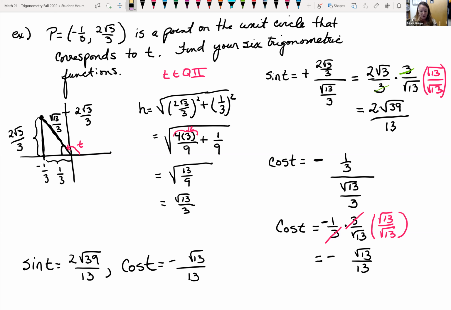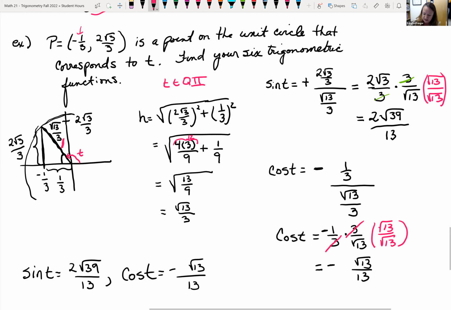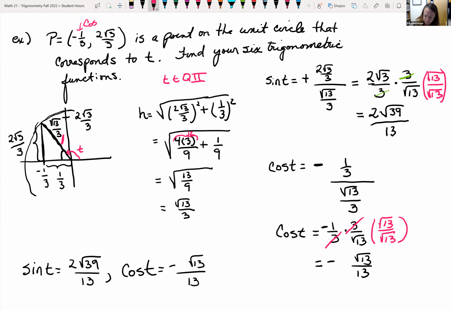And also I would know that on the unit circle, if I made a circle here, the radius is 1. Forgetting what I just said about this being cosine t and this one being sine t, when I found the hypotenuse, this should have been 1.